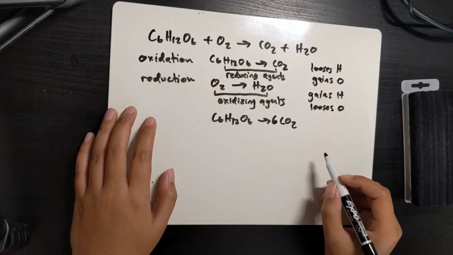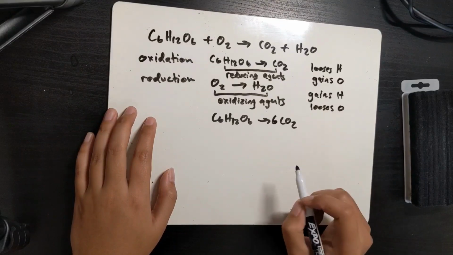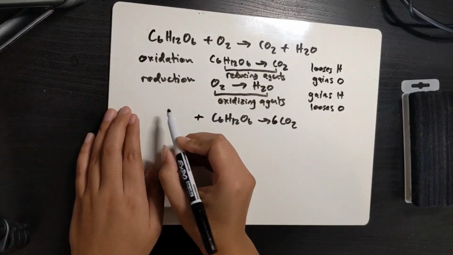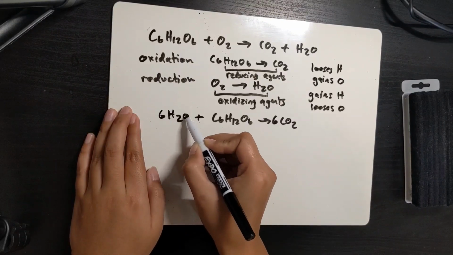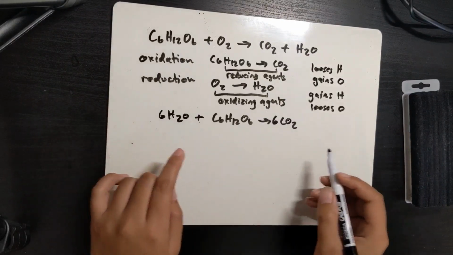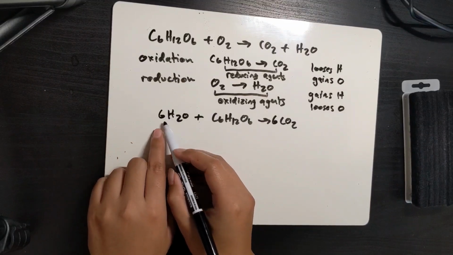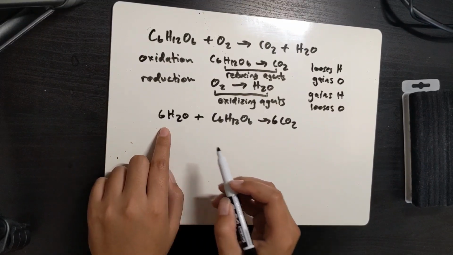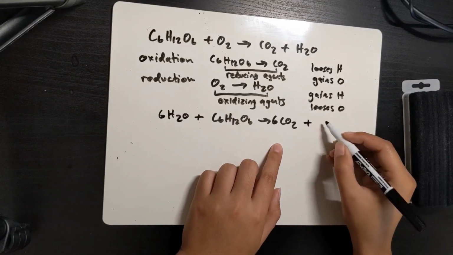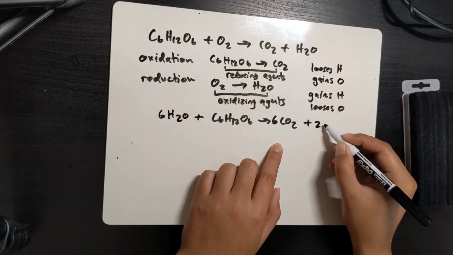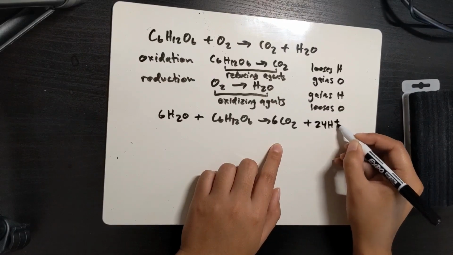There's 6 on the left, 6 times 2 is 12 on the right. So we need to balance the O's on the left by adding 6 water molecules. Now that our O's are balanced, look at our H's. There's 6 times 2 is 12 on the left, plus 12 more becomes 24. So we need to balance the right side by adding 24 hydrogen ions.